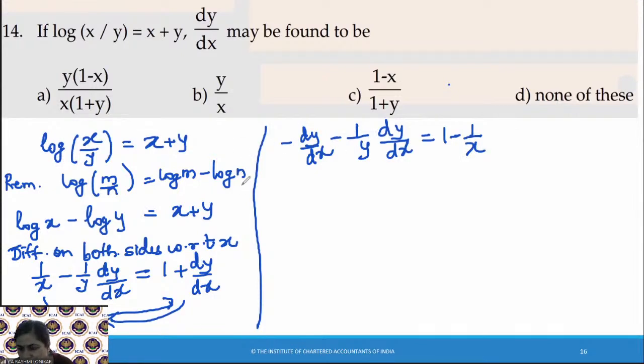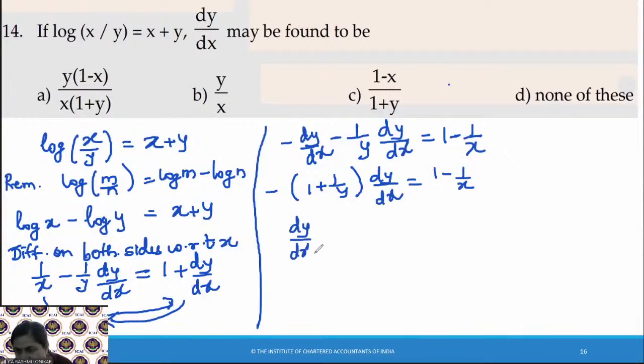So if I take this minus sign outside, minus 1 plus 1 upon y dy by dx is equal to 1 minus 1 upon x. So what will be dy by dx? This will be equal to minus 1 minus 1 upon x upon 1 plus 1 upon y.